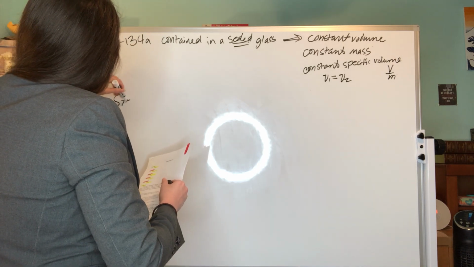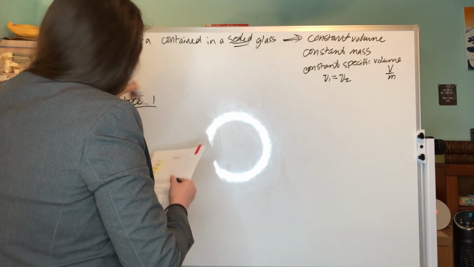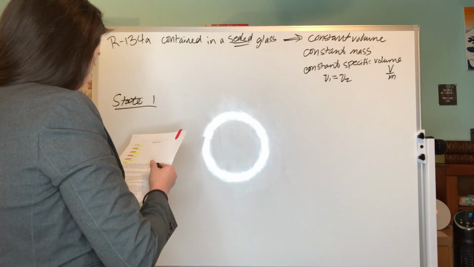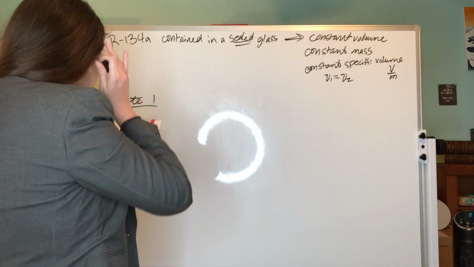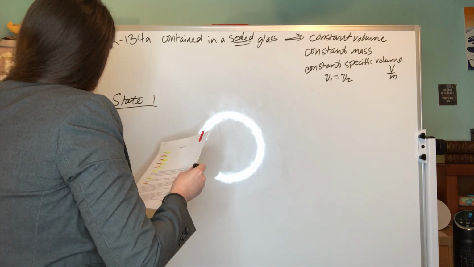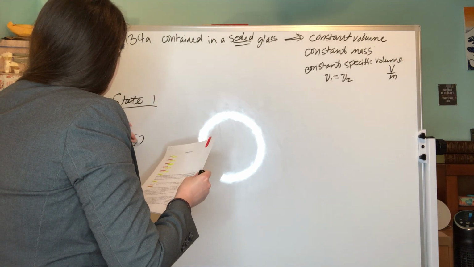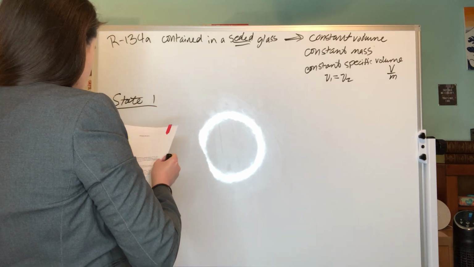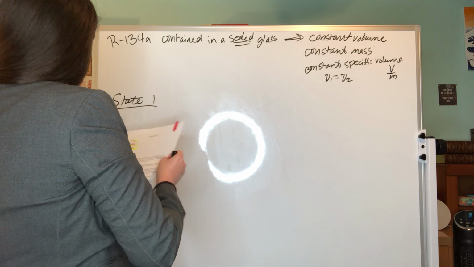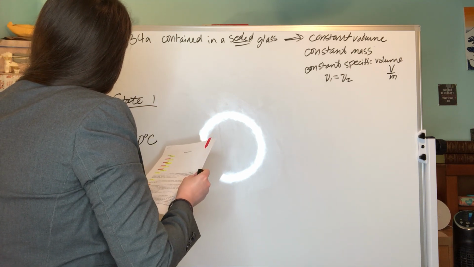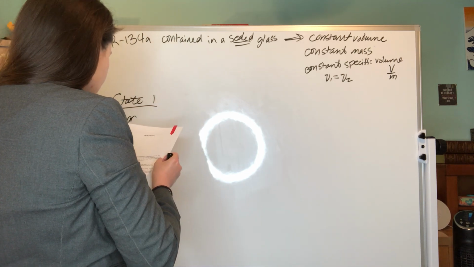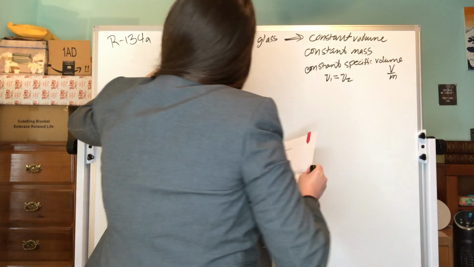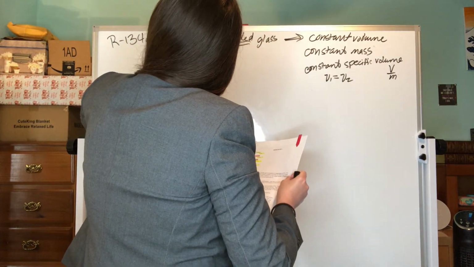At state 1, all we know for sure is that our temperature is 50 degrees C. We know that we're containing vapor. Okay. Then it's cooled down to state 2.